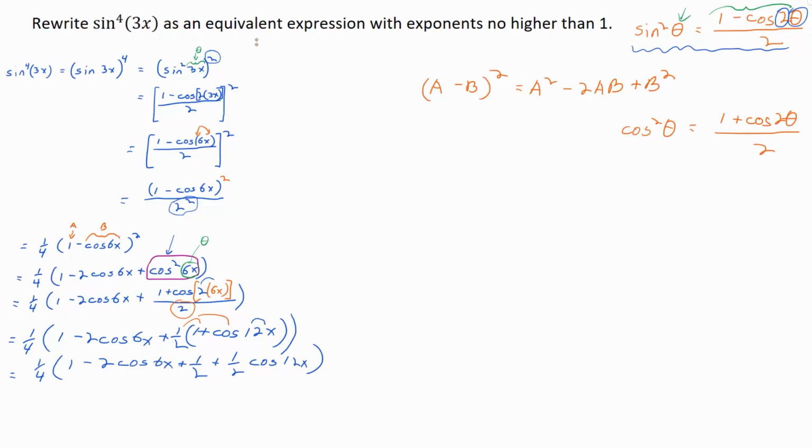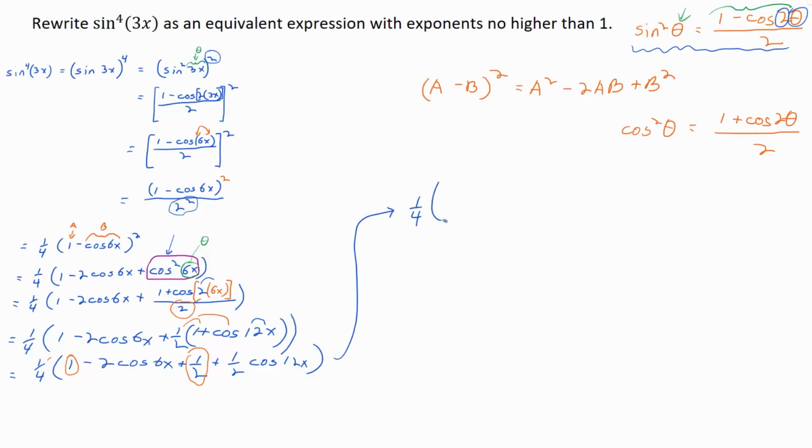And now distribute that 1/4. Well, you know what? Before you distribute that 1/4 to every term, notice that you have 1 plus 1/2, which is the same as 2/2 plus 1/2. That's the same as 3/2. So let's make that simplification.